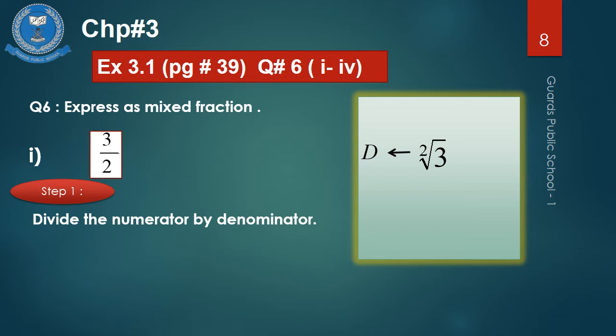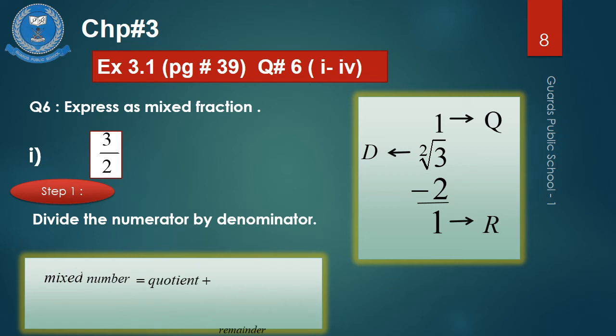After dividing it, we get the quotient as 1 and the remainder also as 1. So we write mixed number is equal to quotient plus remainder upon divisor.